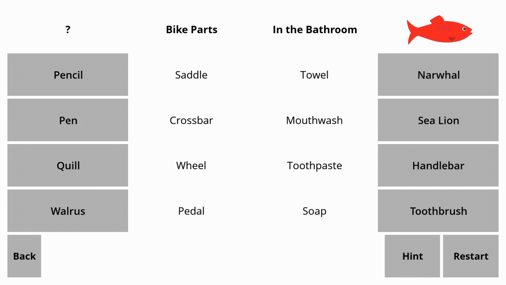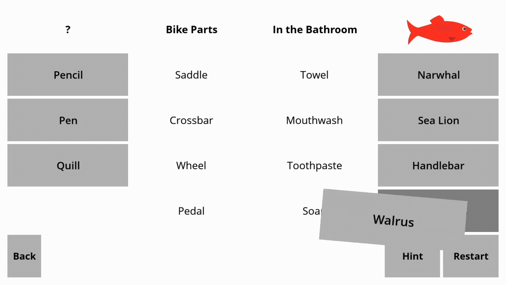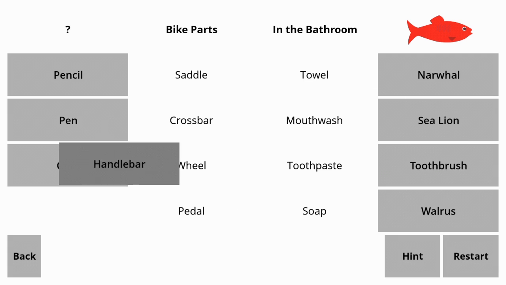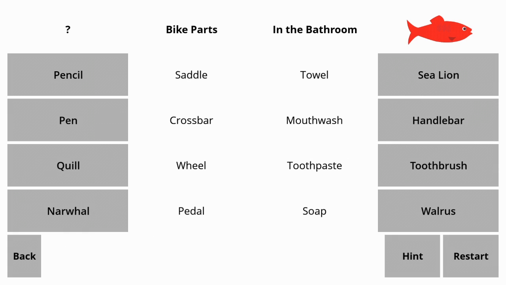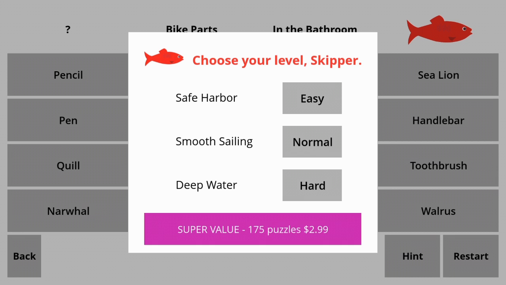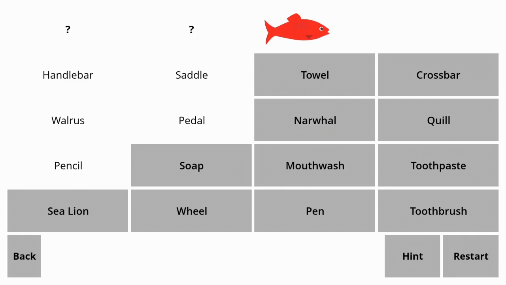And now we have pencil, pen, quill, and I really don't feel like walrus belongs with those. Okay, I don't know what's going on there. Handlebar, walrus, pencil. That doesn't make sense to me.